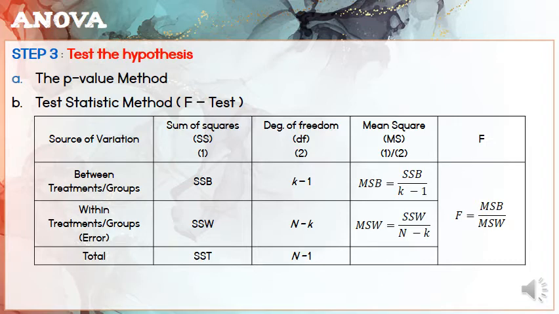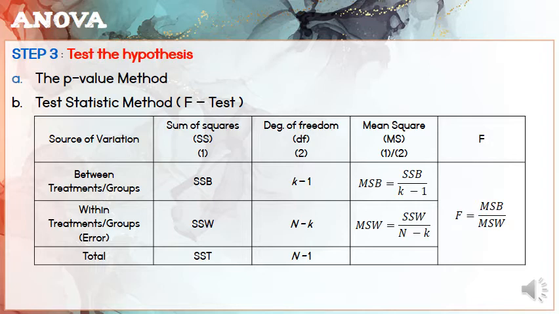Okay, for step number 3, we need to test our hypothesis. So, previously, we have 3 methods. In ANOVA, we only use either the p-value method or the test statistic method, which is F-test.